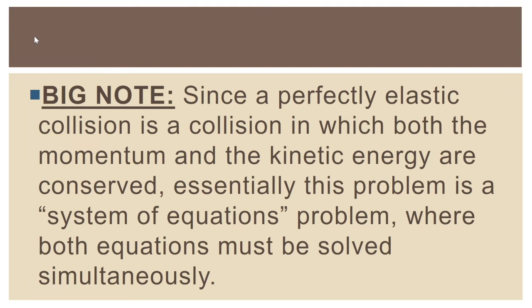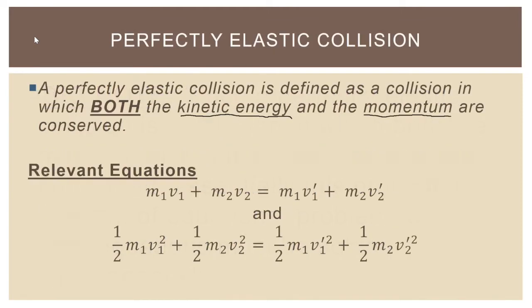So the main idea is, to some degree, this is not new. Because, remember the Atwood's machine problem? That's a system of equations problem. We had multiple equations and we had to solve them simultaneously. Of course, in this situation, the 2 equations that we have to solve simultaneously are these 2.